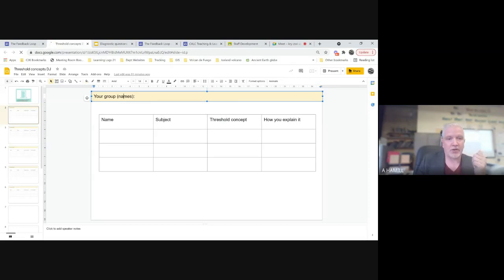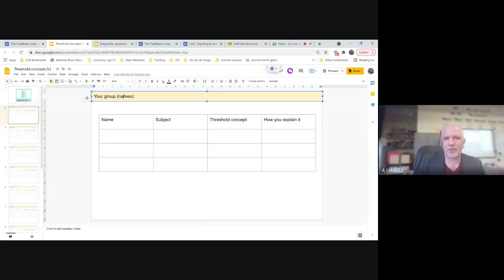But then there are boxes down below there for you to have a little bit of a chance to think about in your subject an example of a threshold concept and how you explain it. Now, I would like to capture this on the slides, folks, but I do want to give you a chance to talk to each other about it and to think about it. So we're going to take maybe 5 or 7 minutes or so at this.